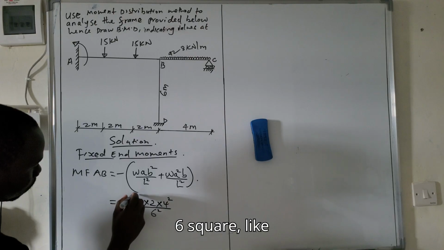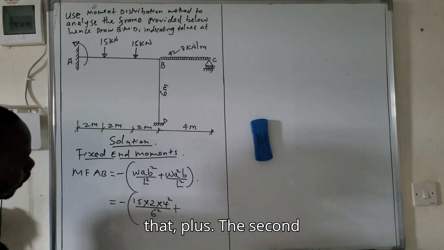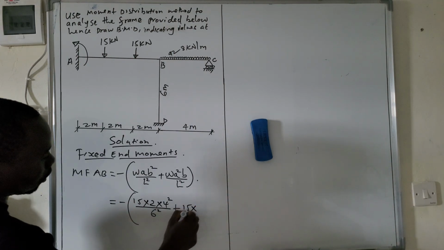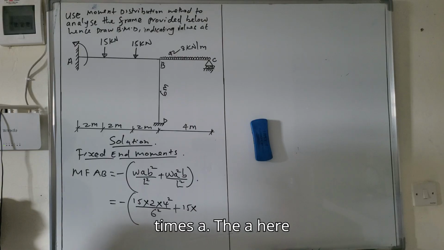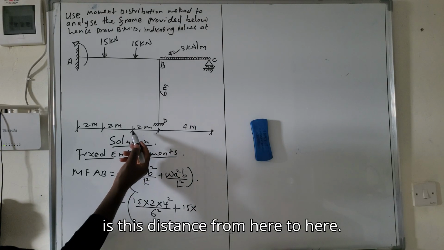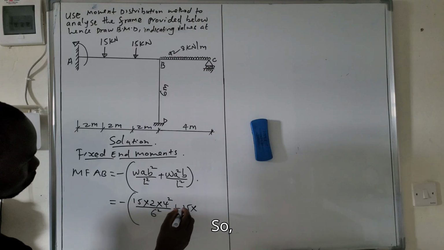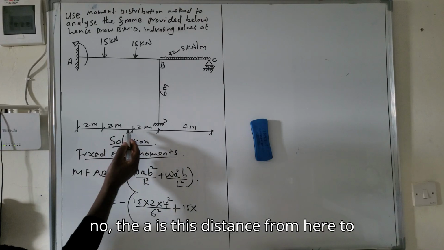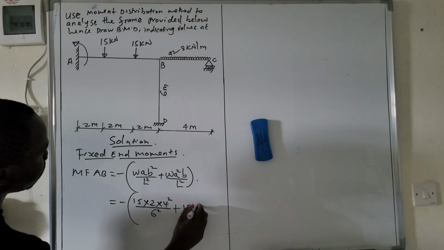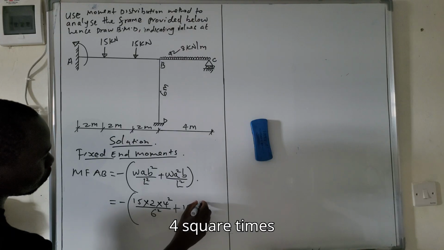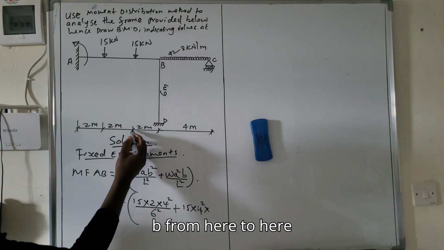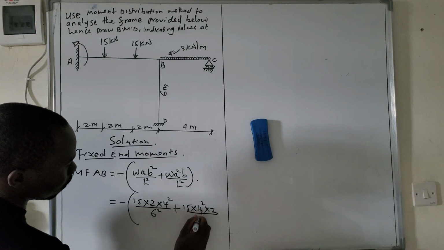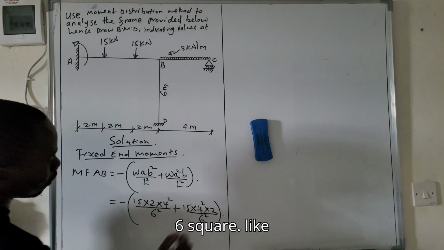6 squared, like that, plus the second W is 15 times A. The A is this distance from here to here, which is 4, squared, times B from here to here, 2, over 6 squared, like that.